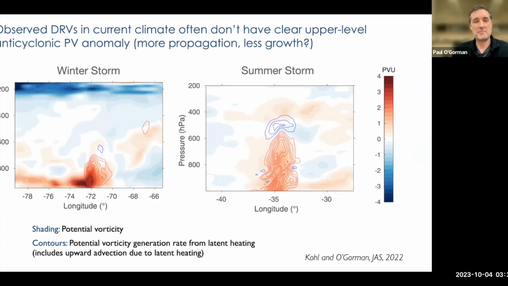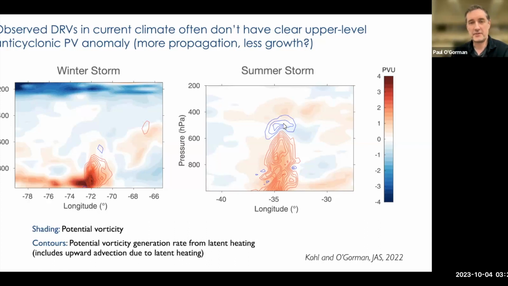Okay, and lastly, what about the storms we do see in the current climate, the observed diabatic Rossby vortices? I've picked two examples. One on the left is a winter storm, and on the right is a summer storm. If we look at the summer storm first, you can see it's pretty similar to what we saw in the hot climate. This, I should say, is from ERA5 reanalysis, I believe.